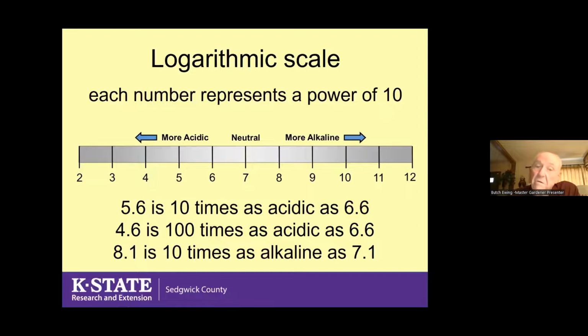By the same token, 4.6 would be 100 times as acidic as 6.6. And that's true on the alkaline side as well. So 8.1 is going to be 10 times as alkaline as 7.1. And heaven forbid, if you had 9.1, it would be 100 times as alkaline as 7.1. So that's the important thing to know about the numbers.